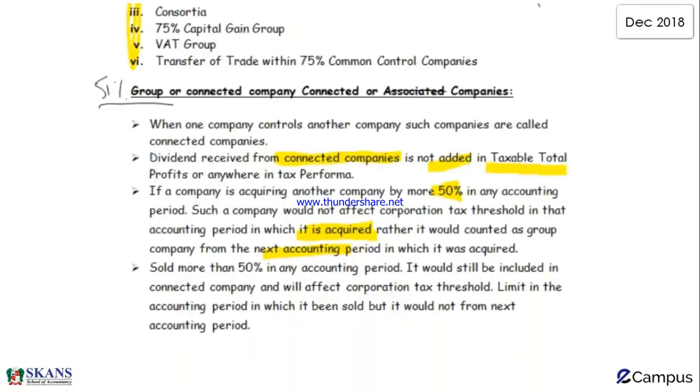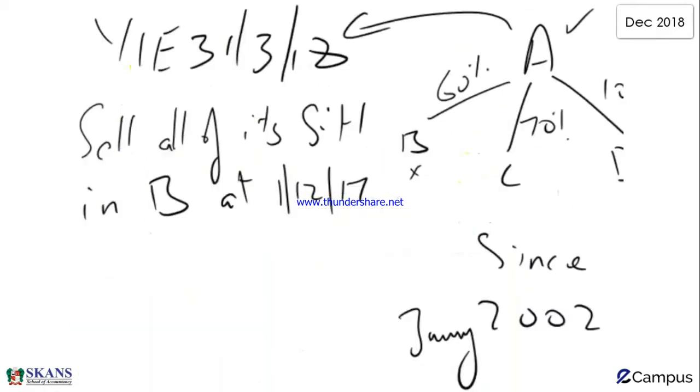Well, for the answer you would find it over here. If a company is sold, more than 50%, in any accounting period, it would still be included as a connected company and will affect the corporation tax threshold limit in the accounting period in which it has been sold, but it would not count from the next accounting period.